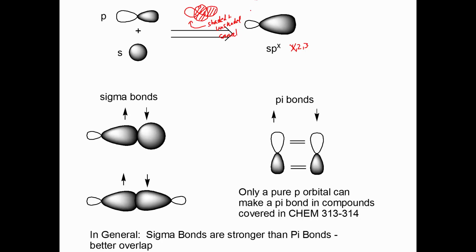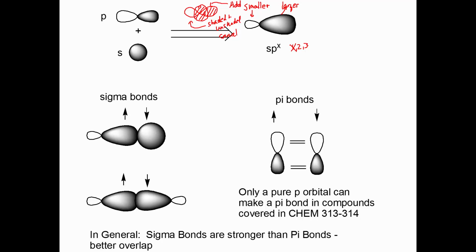That means the backside, or the left side, of this orbital gets smaller, and on the right side they add together because they're of like phase, so the right side gets larger. This is a really advantageous situation to have to make a bond.